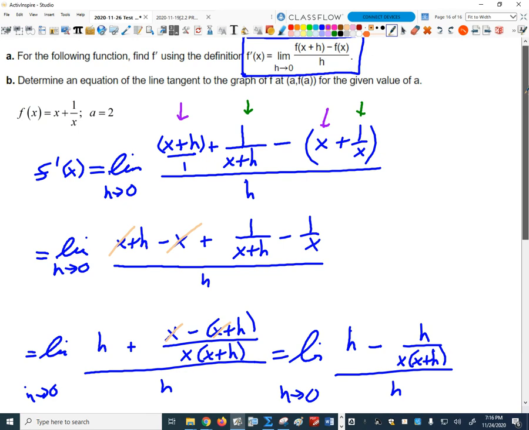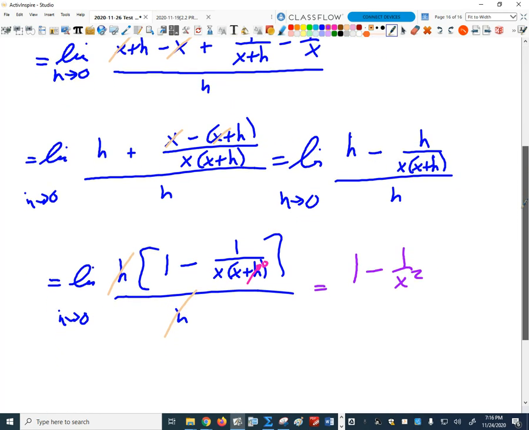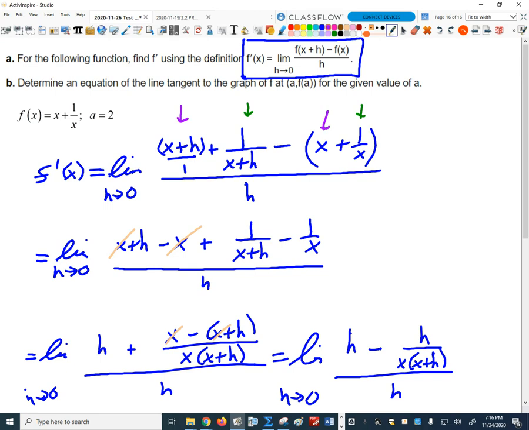And then part 2, they want us to determine an equation of the line tangent to the graph at x equals 2, at the point a, f of a, where a is 2. So if a is 2, f of 2 is going to equal 2 plus 1/2, so we get 5 halves.